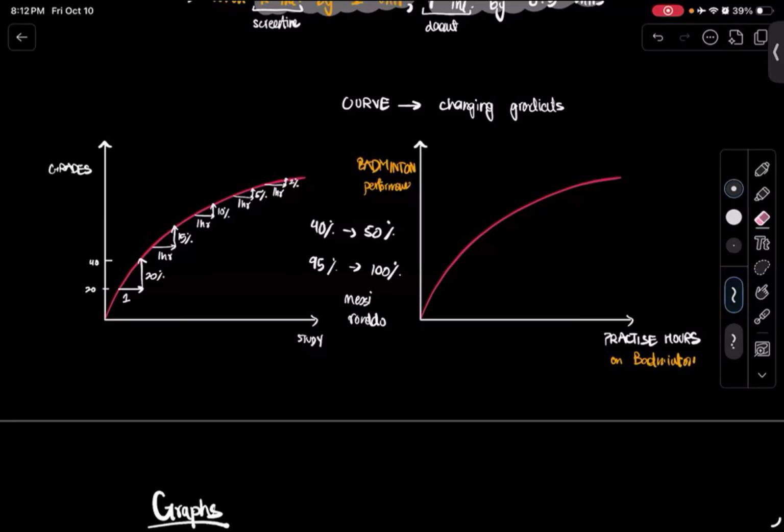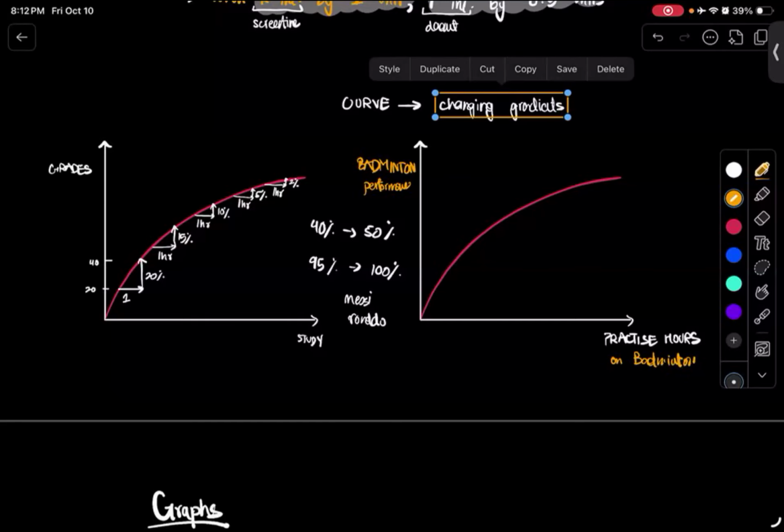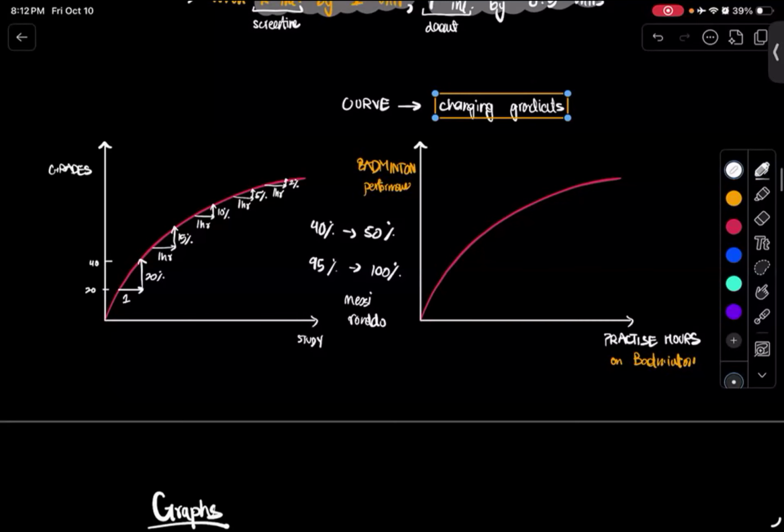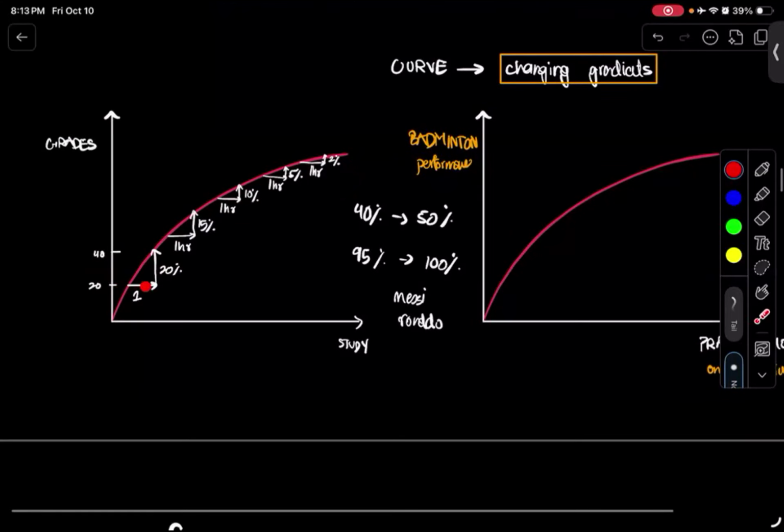So that's what I'm basically trying to tell you: in a curve you have changing gradients. Changing gradients means that the relationship between cause and effect keeps changing. For 1 unit increase in x, my change in y was higher. Then for 1 unit increase in x, my change in y became smaller.